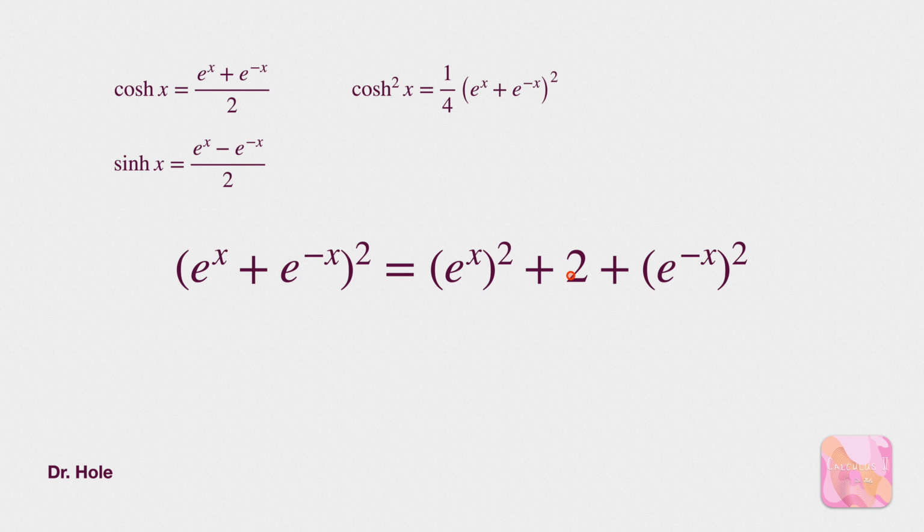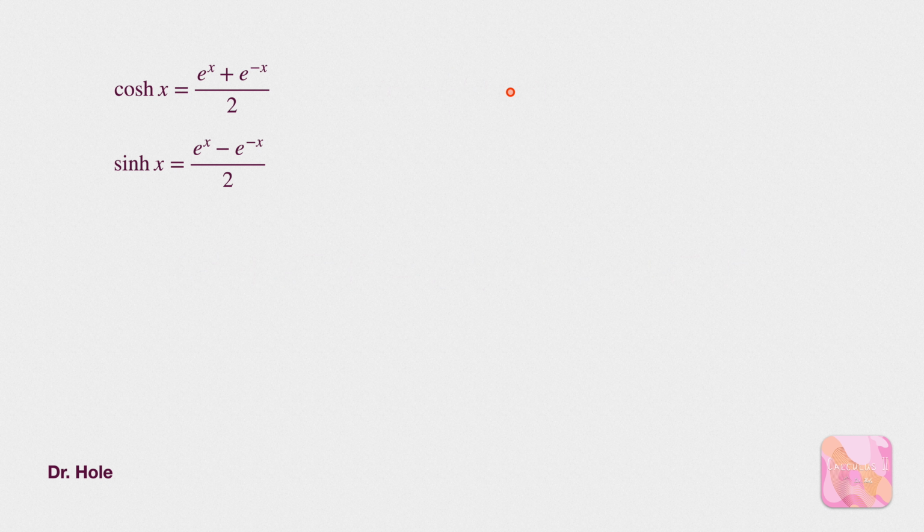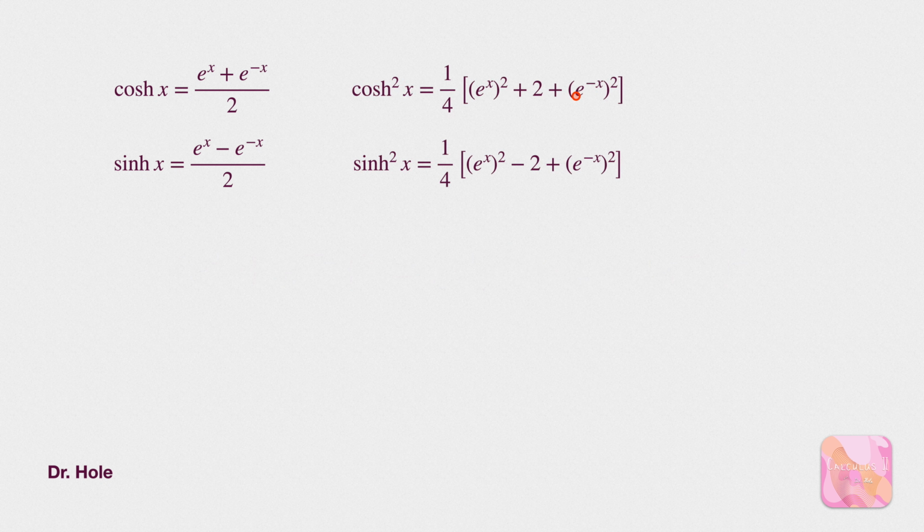How many times can that happen? Twice. Very good. So let's swap out that binomial squared with its expanded version. And given that sinh is nearly identical to cosh, except instead of being a sum, it's a difference, in multiplying out, the only difference will be instead of a plus 2 mixed term, we get a negative 2.